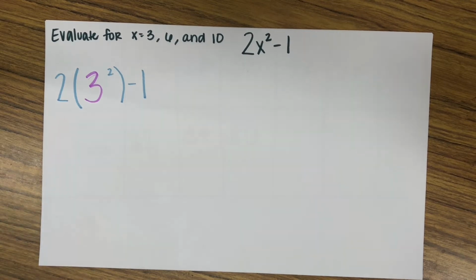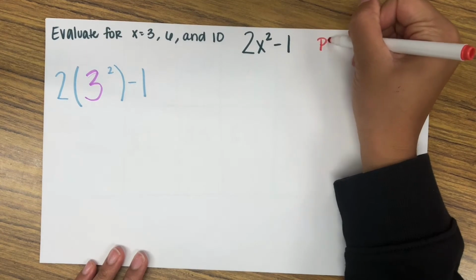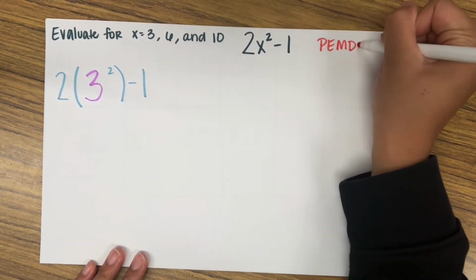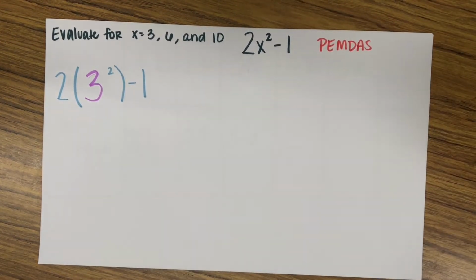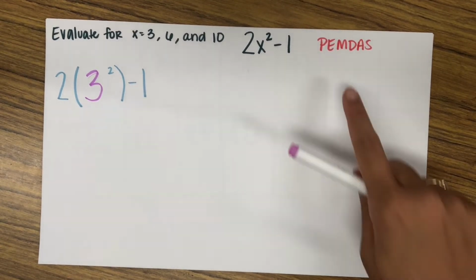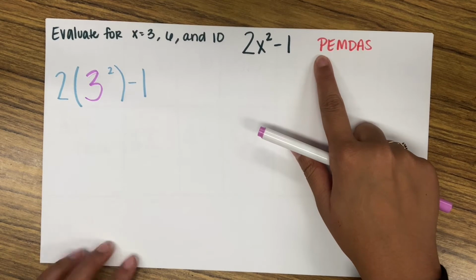I still need to follow my order of operations. That would be the PEMDAS. If I follow these rules, I will see that the first thing I need to do is parentheses.